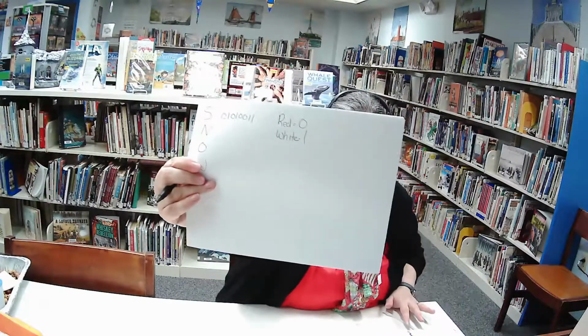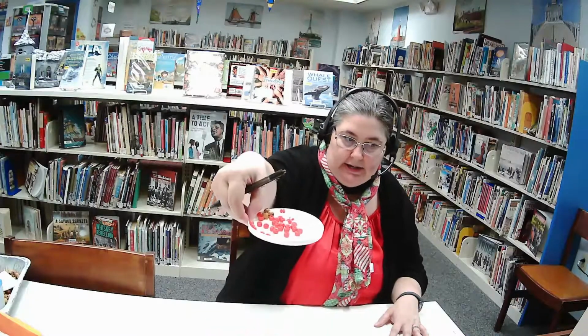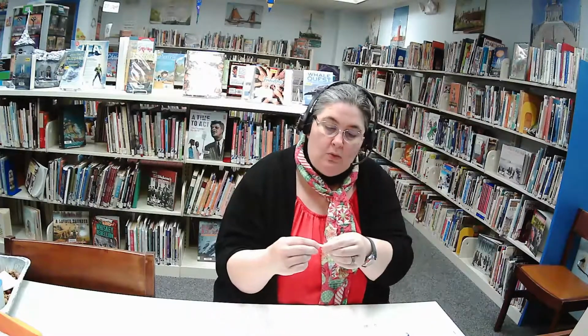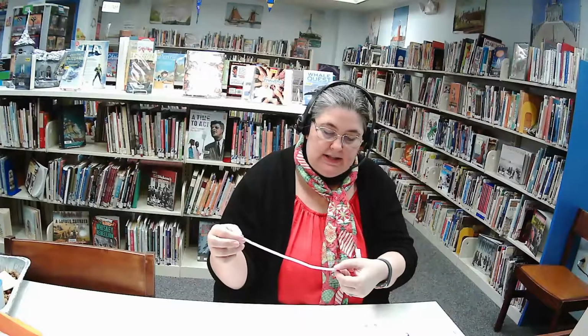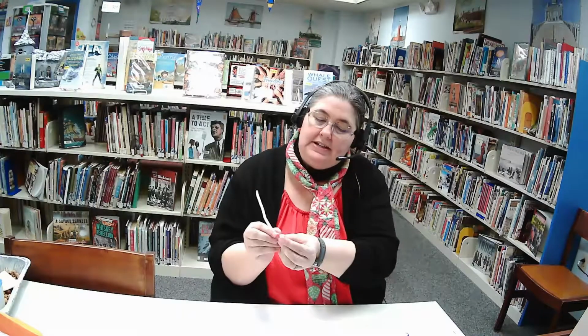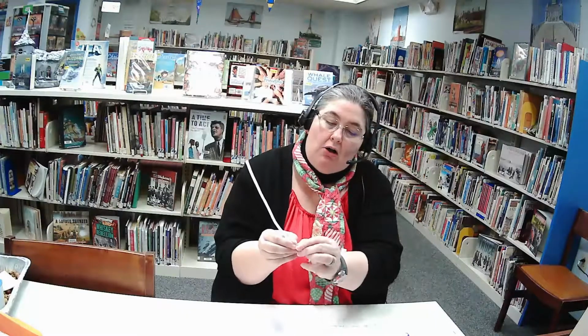Okay, do you see that? All right, now what you would do is you would get your red and white beads out of your kit. And to make the first letter, I would go 0. So that would be a red. So I would put a red one on all the way to the end. You could probably just nip it just a little bit because you might need all of that space.